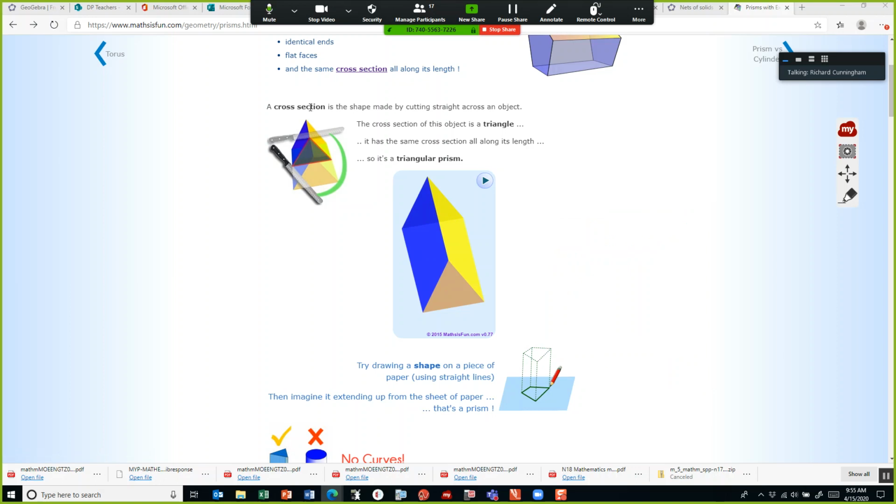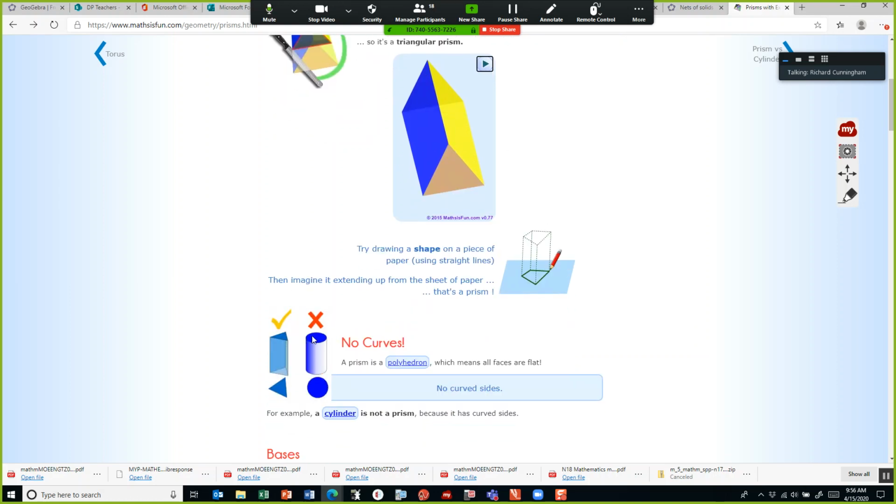What the cross section means is, if I was to slice through this shape, what shape am I going to get? I'm going to get another triangle, okay? So your prism has to have identical ends, and if I slice through it, I'm going to get exactly the same shape out.